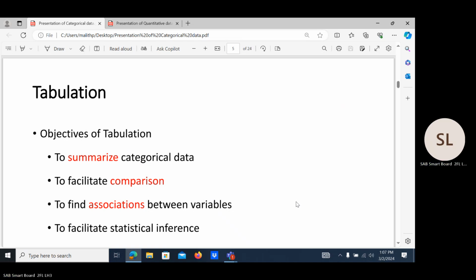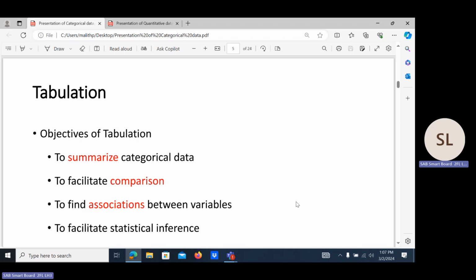Did you know about the tables? Then we have the raw data, and we can summarize those raw data using the tabular format, tables. What is the meaning of tabulation?